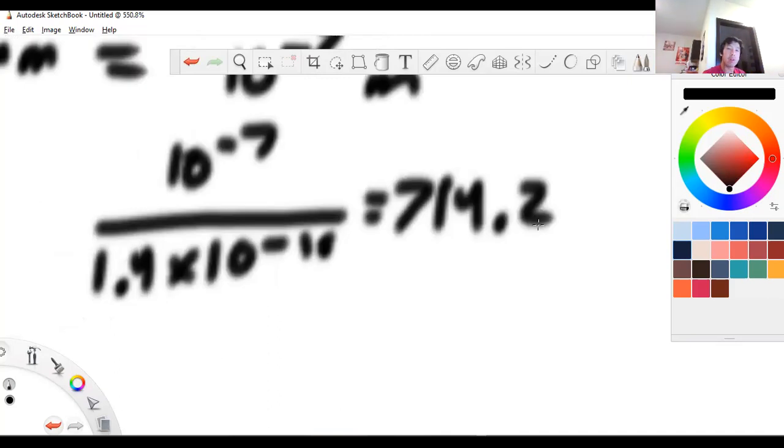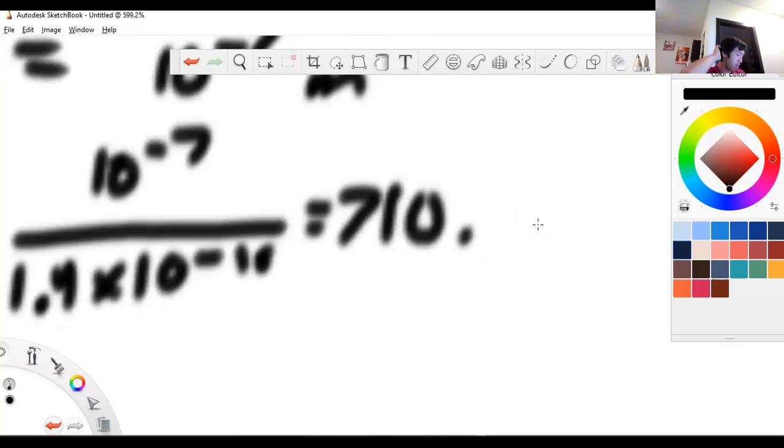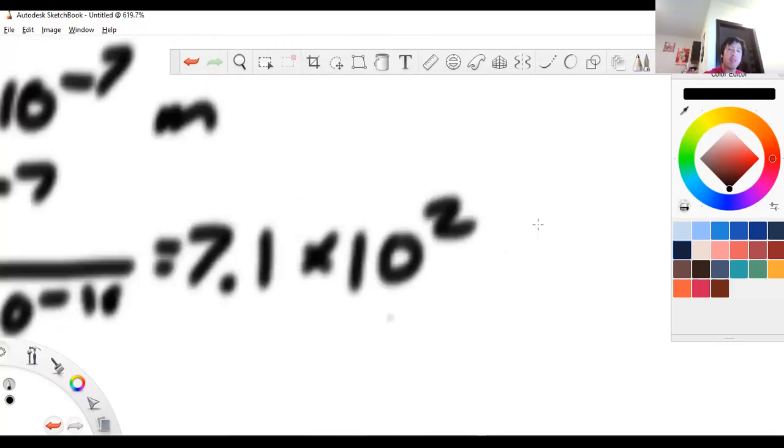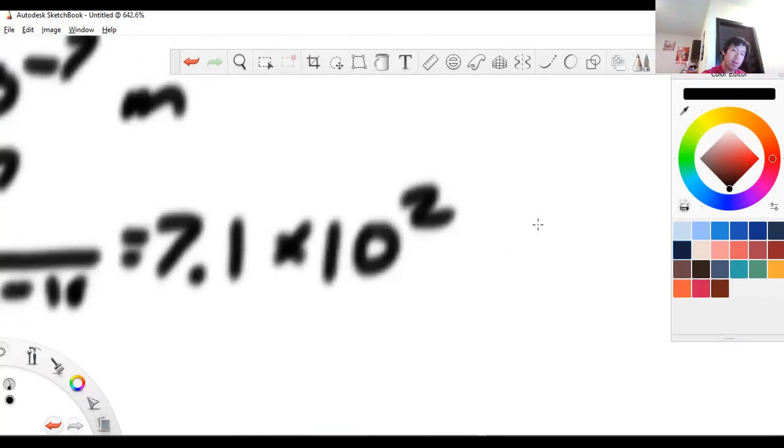But we only need 2 sig figs, so we're left with 710, or the better sig figs, 7.1 times 10 to the second atoms.